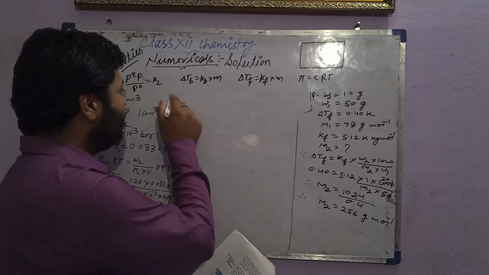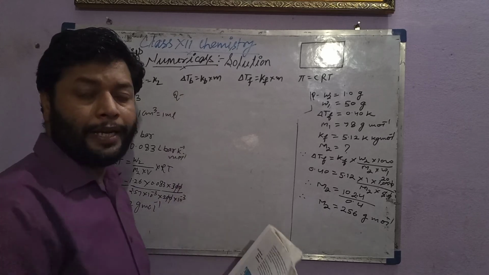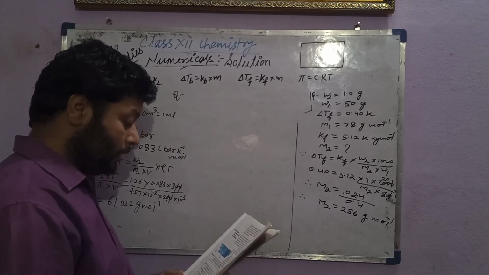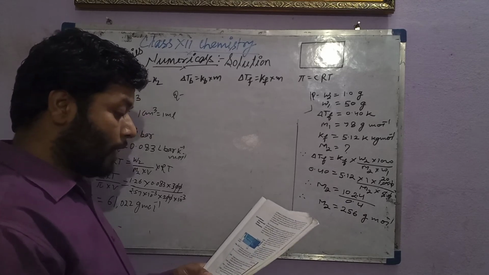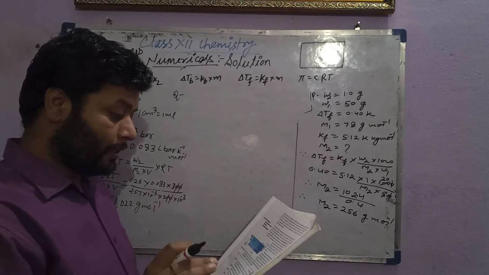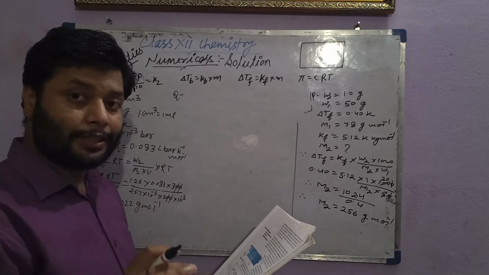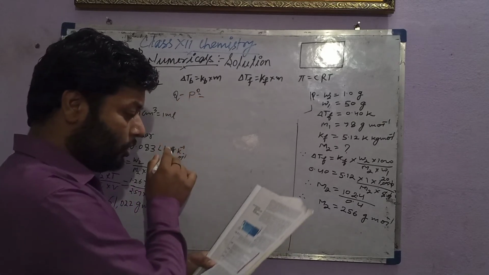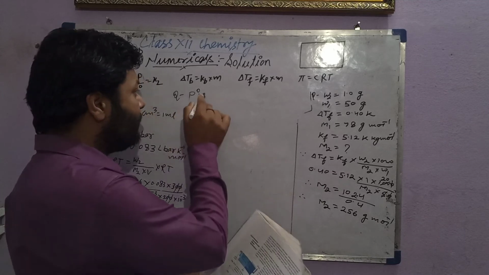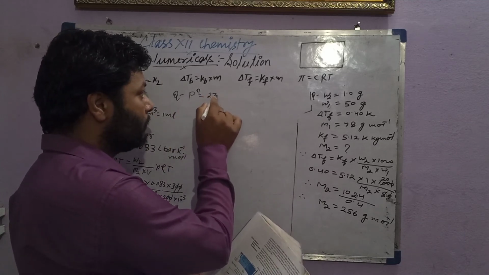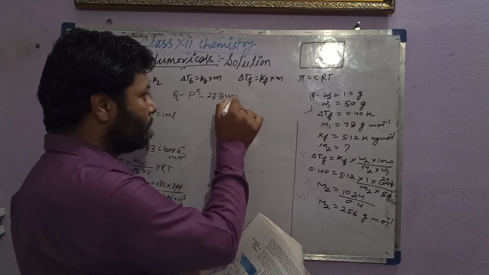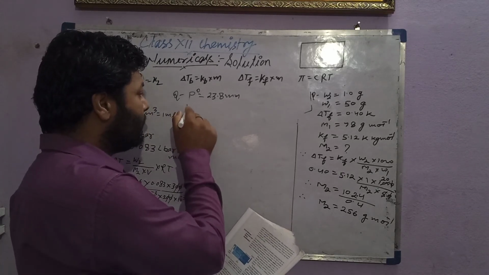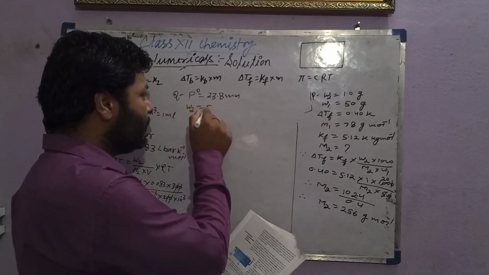In the question, first we have to note what things are given that have to be used during the numericals. Vapor pressure of pure water at 298 Kelvin is P naught, 23.8 millimeter. 50 gram of urea is the solute.